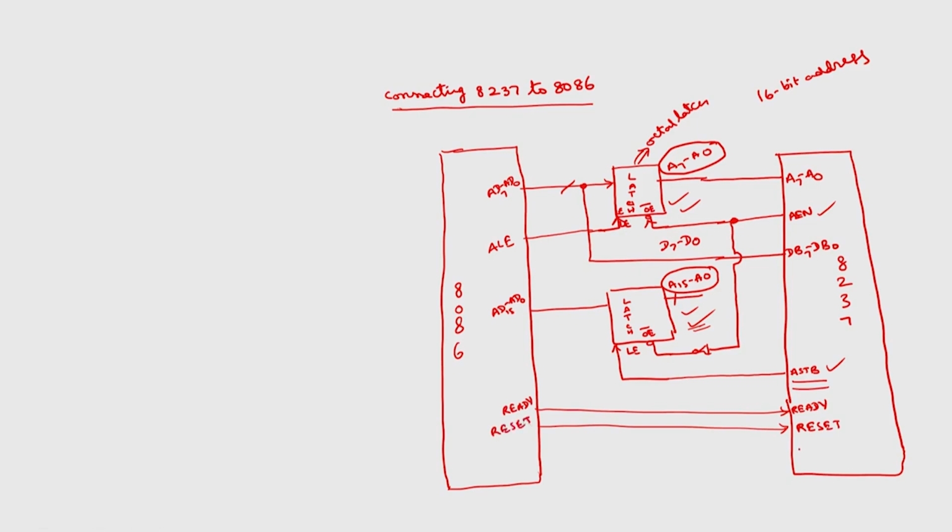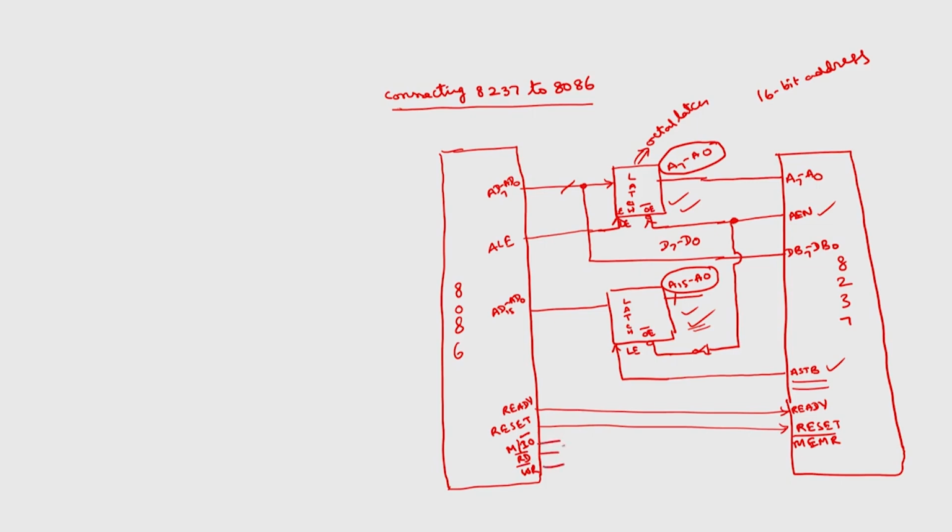And similarly we have memory read bar, memory write bar, IO read bar, IO write bar. But here we have only M by IO bar, read bar, write bar.